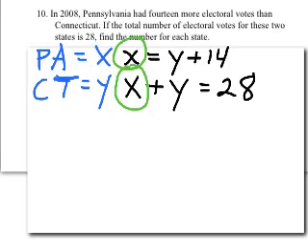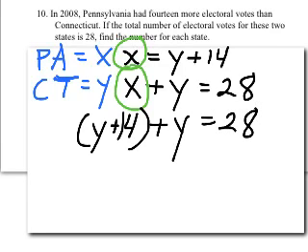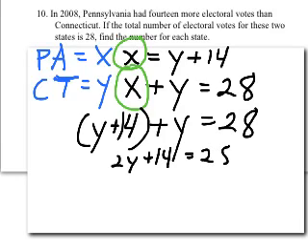I'll recopy this. Instead of X, I'm going to put in Y plus 14 plus Y, and that equals 28. Alright, so then I remove the parentheses, I get 2Y plus 14 equals 28.